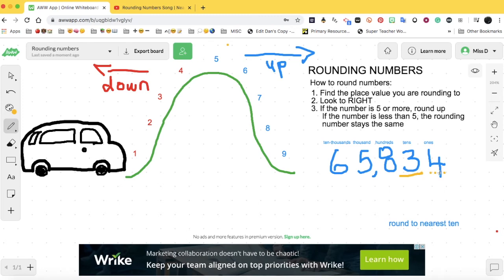It is less than 5, so again we're imagining on our hill, it would roll back down, which means we do not change our 3, it stays the same. Everything after the 3, after our tens column, becomes 0, but we still need to add our 6, our 5, and our 8. So 65,834 rounded to the nearest 10 is 65,830. Well done if you got that one right.